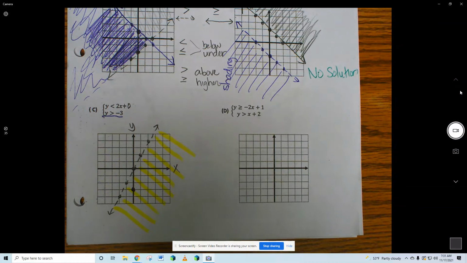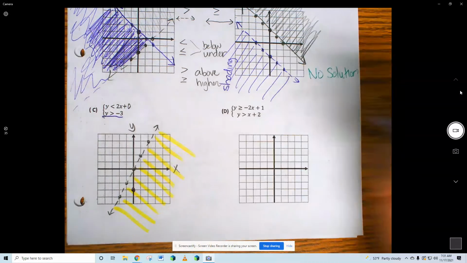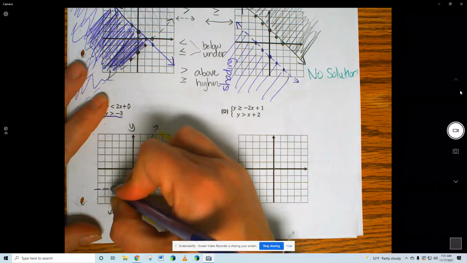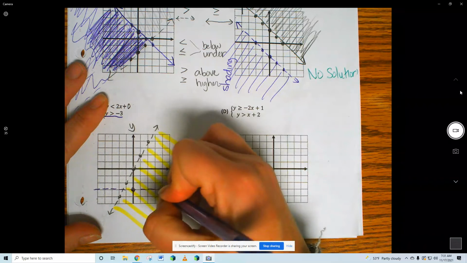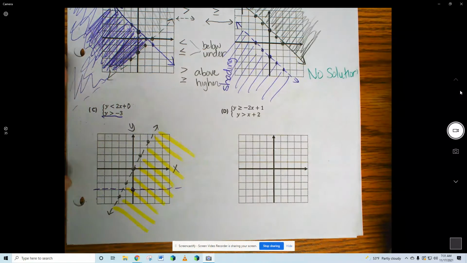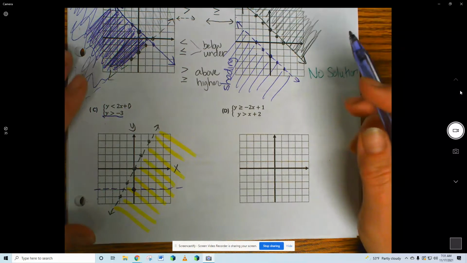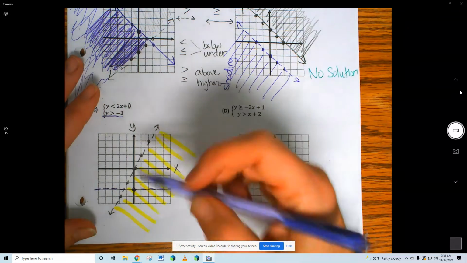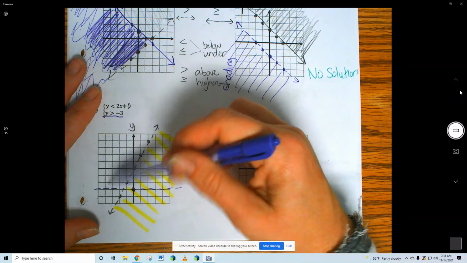Horizontal. My line can't be the same direction as an axis. This is a dotted line, horizontal. The shading says greater than. So it's like up here.